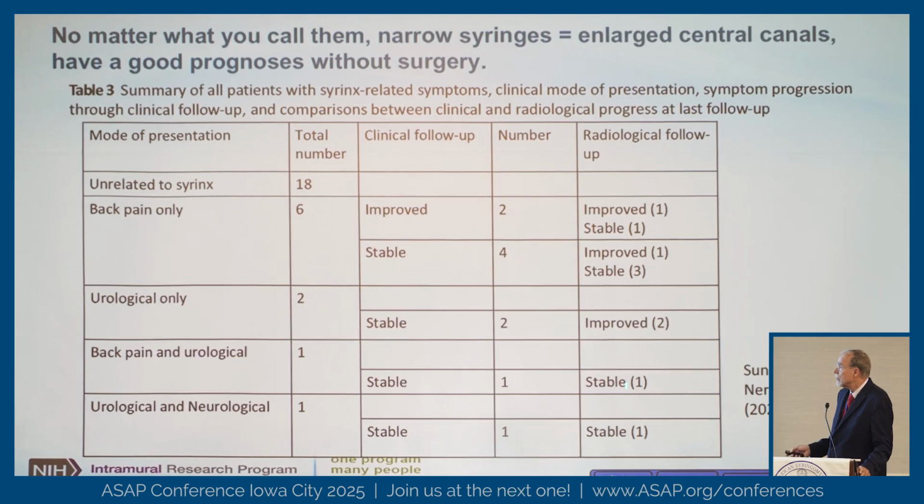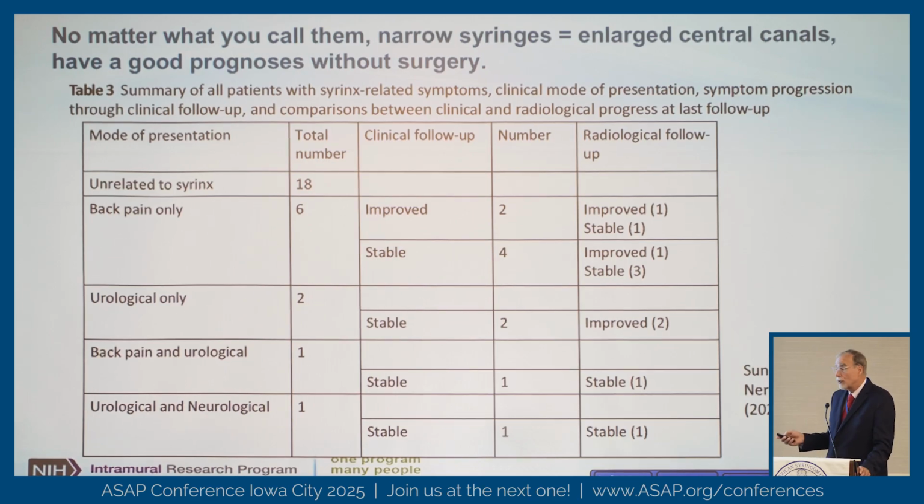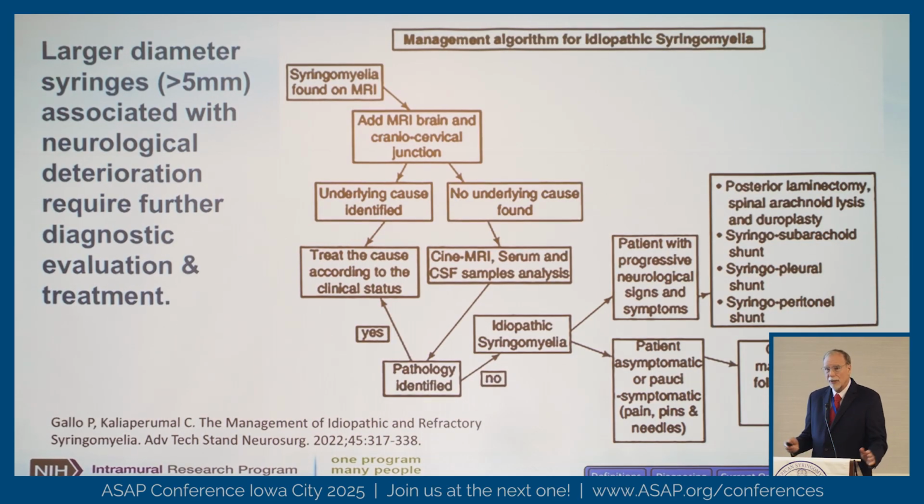And radiologically, all the syrinxes were stable, or enlarged central canals, whatever you want to call them. And so you shouldn't treat that condition. They're not going to do better with surgery. Okay, so that's the enlarged central canal or small diameter syrinx.